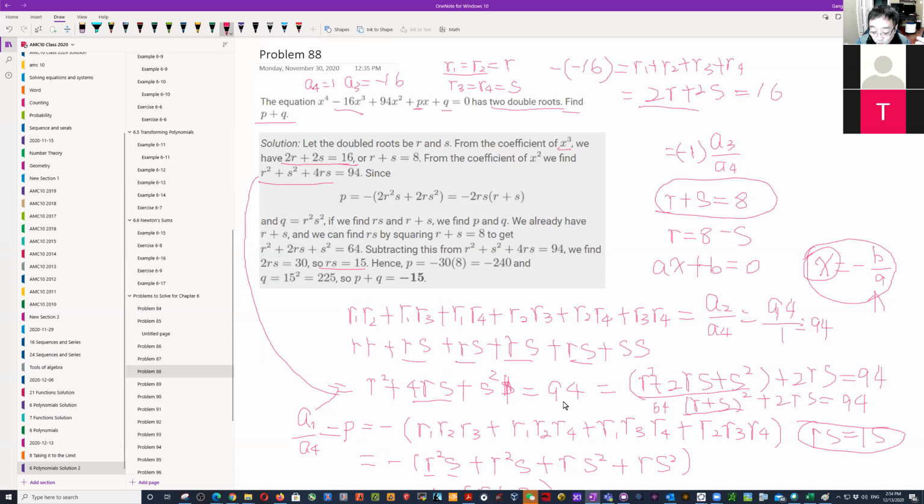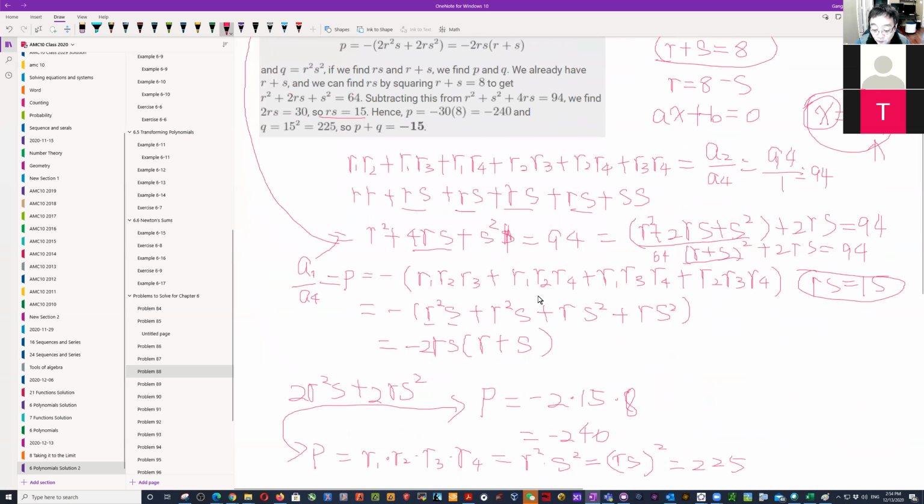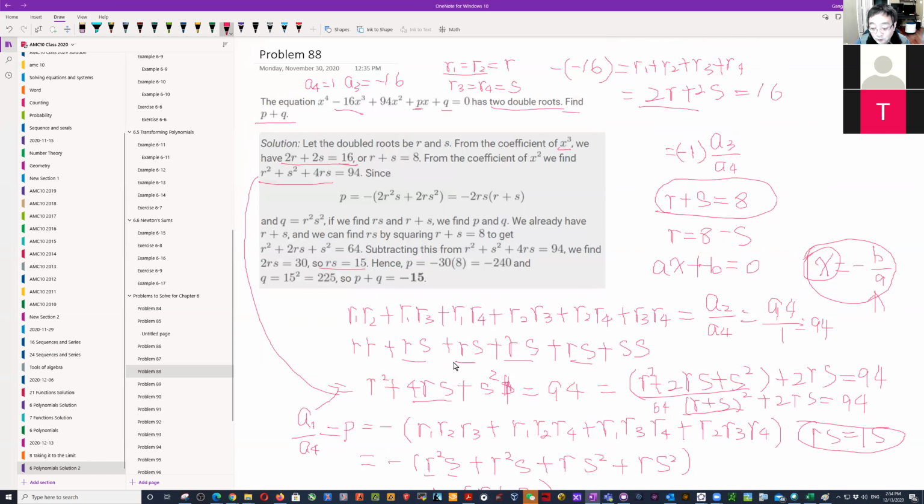If you write it out fully, you help yourself understand the meaning of it. Given the limitation here is two double roots, so R1 equals R2 equals R, when you write out the symmetric sum and fill in the limiting factor, it's possible to write it out correctly and apply it.